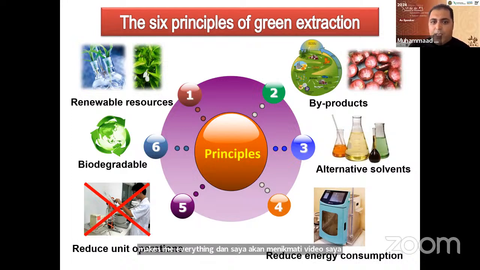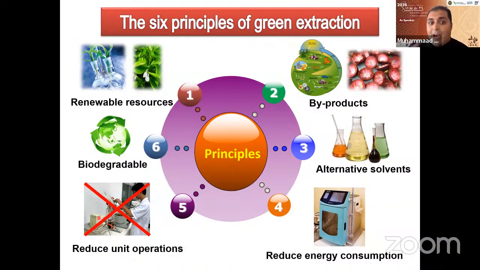and finally the cost of the product. And the last thing is all the material which you are using in the extraction process or the enrichment process must be biodegradable. For example, if you are using column chromatography with silica gel, silica gel is not biodegradable, so this is not a green process.